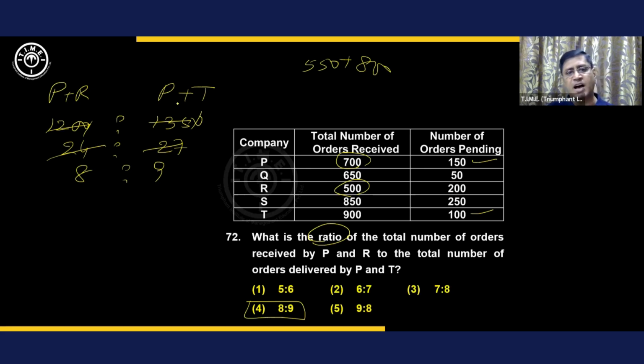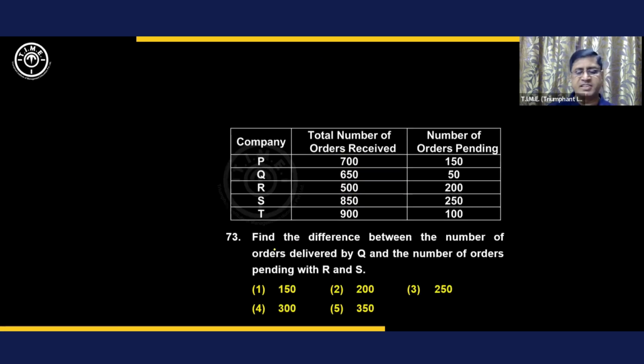So P plus R, P and T. Okay. Look at the next example. Find the difference between the number of orders delivered by Q and the number of orders pending with R and S. So here we need to find pending and here orders delivered.